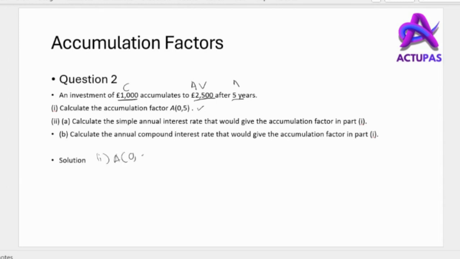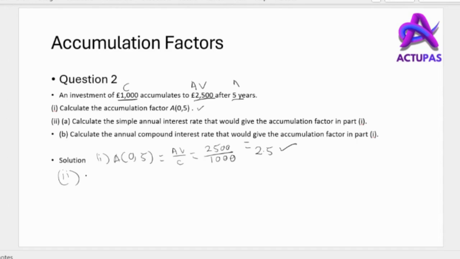A(0 to 5) is equal to, as we have already said, the accumulated value over C from before. So the accumulated value is 2,500 over C, which is 1,000. This becomes 2.5. So this is your answer for 1.